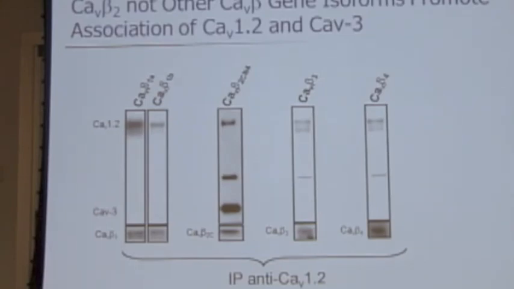So here's an experiment that Ravi did to see if the beta 2 subunit, when expressed in a heterologous expression system, which is HEK293 cells, where you express the various isoforms, including the L-type calcium channel pore-forming subunit expressed to the largest extent in the heart, CAV 1.2.